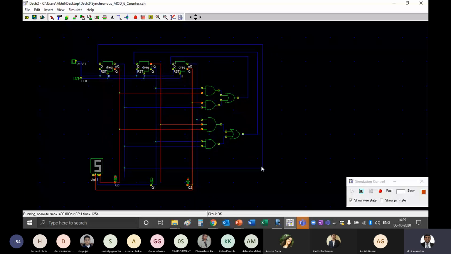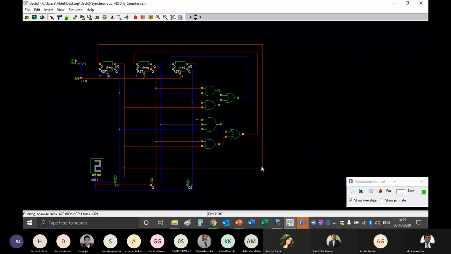So you can see how the counter is running, and so you can see some hardware which is there in front of you.